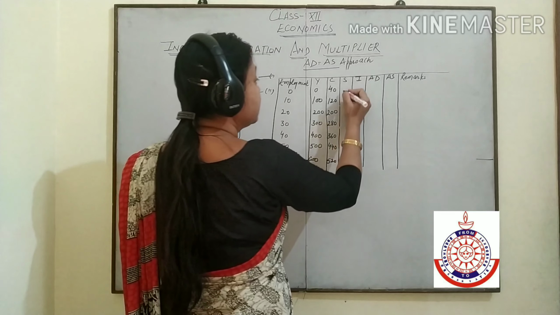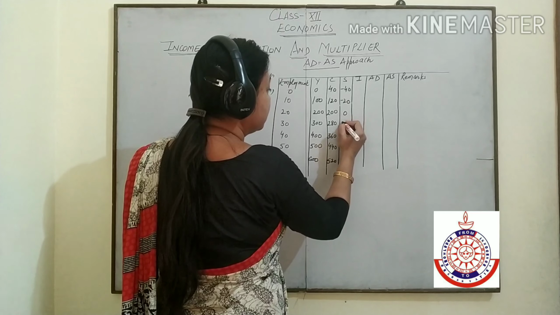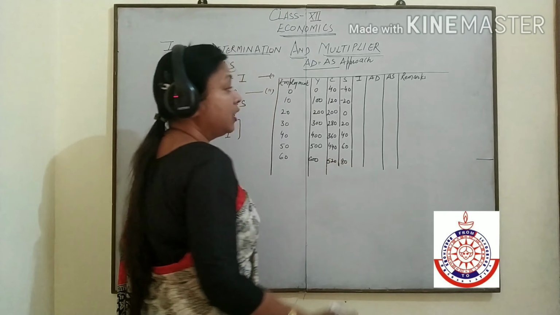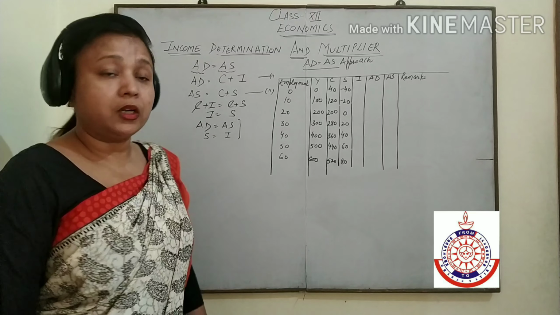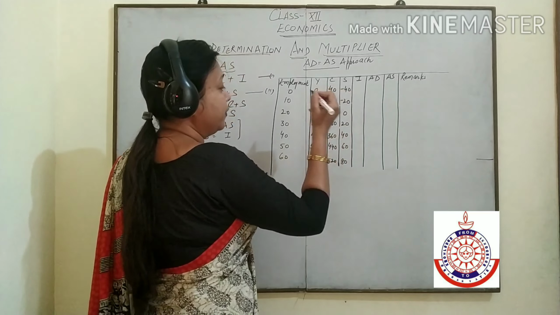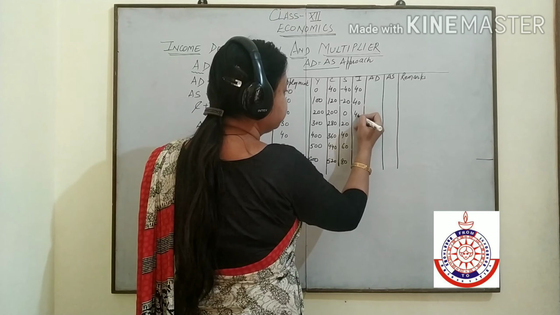It means saving is minus 40, minus 20, 0, 20, 40, 60 and 80. Here we are talking about investment. That investment we consider is an autonomous investment which is constant, and we are taking here 40.